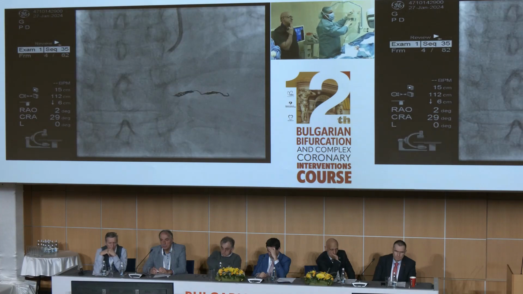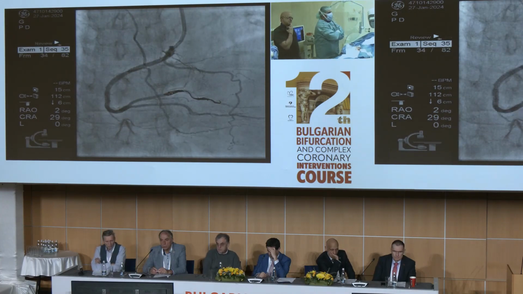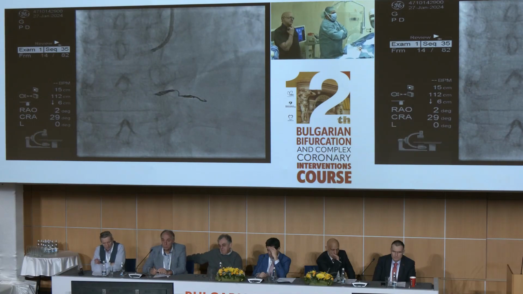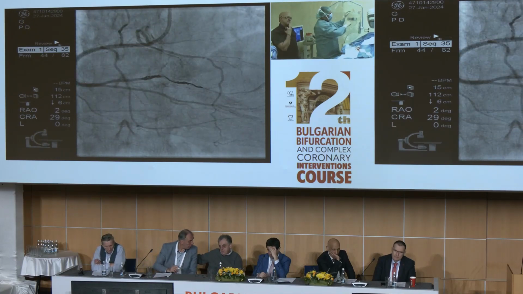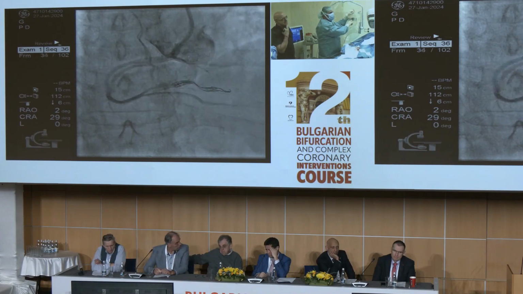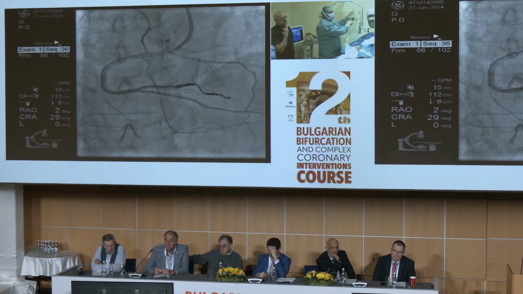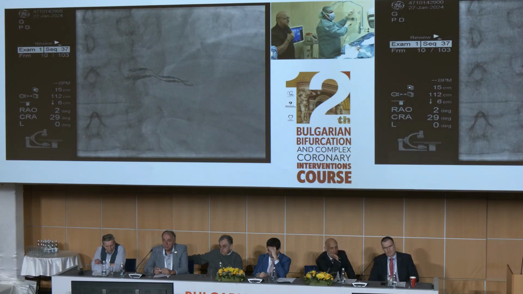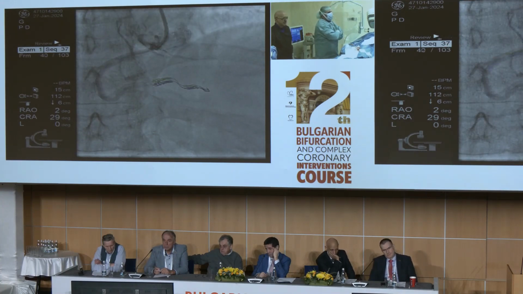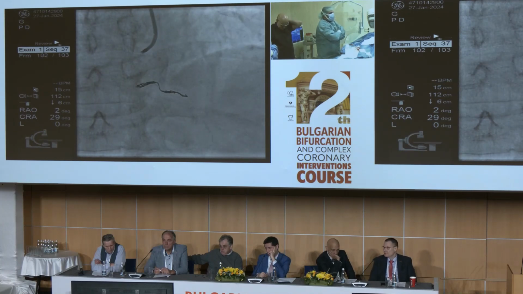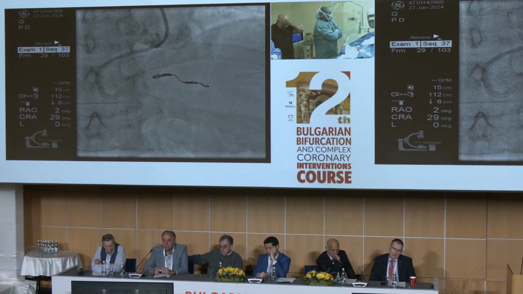After the second coil, and after waiting 2 more minutes, we obtained a good sealing of the artery. The flow disappeared. There was really just a little staining from the contrast before, but the breach was sealed.